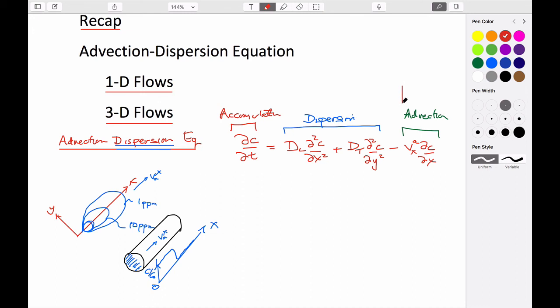the part, let me do it in black, just because I can. This is the part that looks like this, where this distance here we can get from advective velocity, which is equal to length over time. If this is length, then this would be advective velocity times time, by definition.